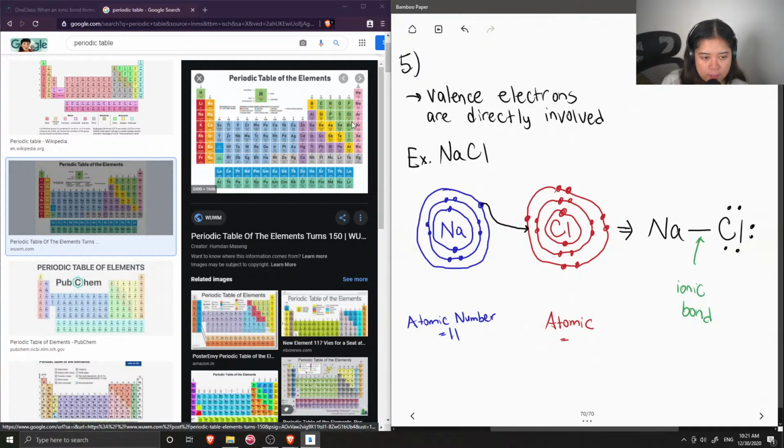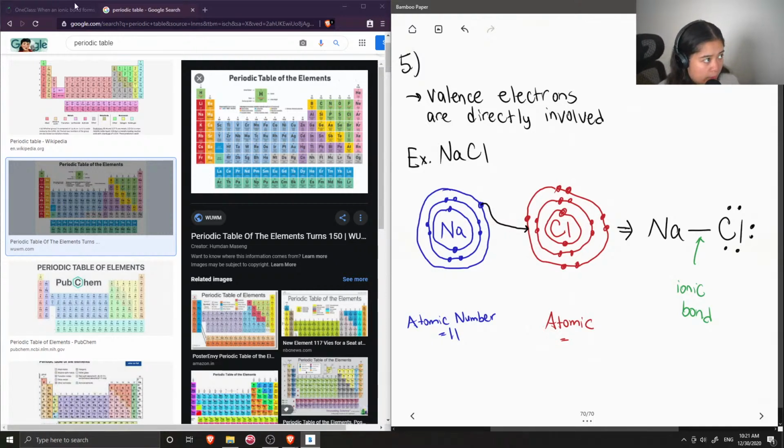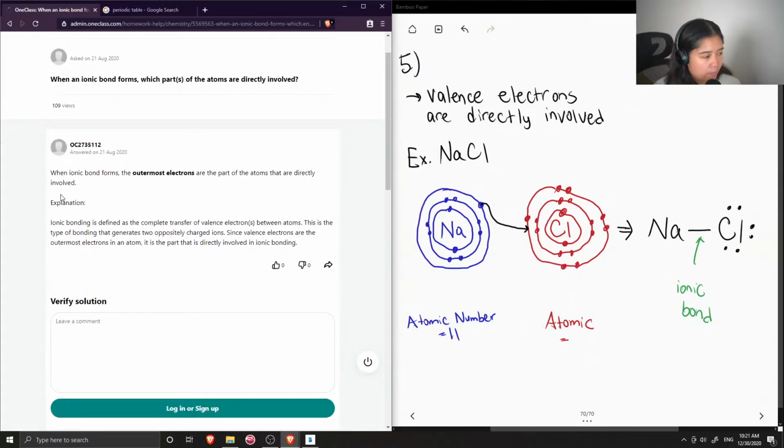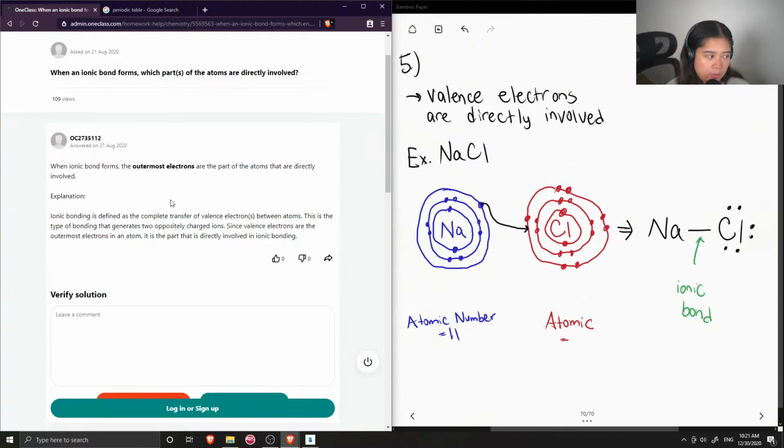And you can see that the inner electrons didn't really partake in the reaction, they all just stayed the same, and only the valence electrons were directly involved in forming the bond. So the junior tutor said that when ionic bonds form, the outermost electrons are the part of the atoms that are directly involved.